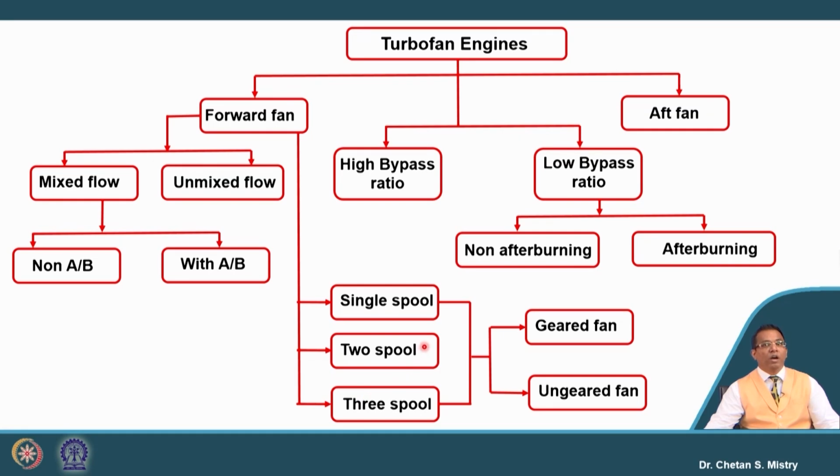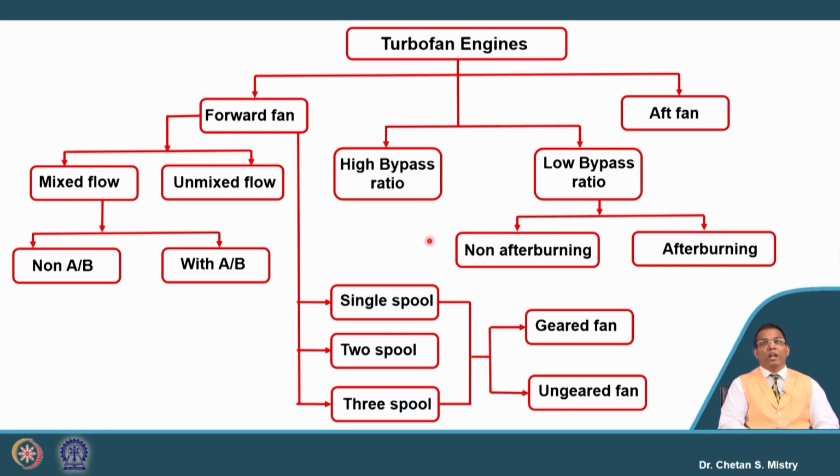We have the currently coming up engine, which is in operation, the geared turbofan engine and the ungeared turbofan engine. We will also be discussing high bypass ratio and low bypass ratio, and as we have discussed, the low bypass ratio engine is mainly used for military purposes, where we will be discussing non-afterburning and afterburning operation.